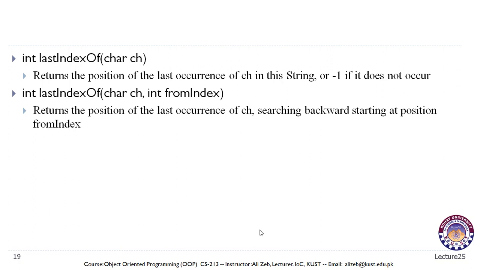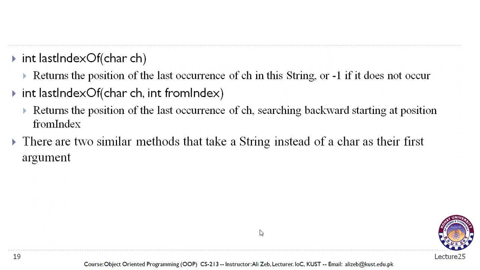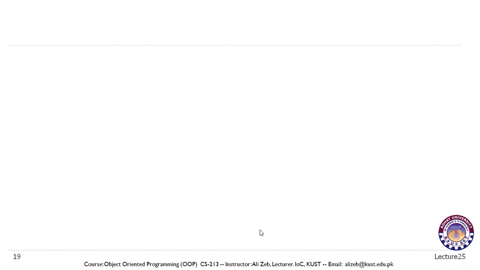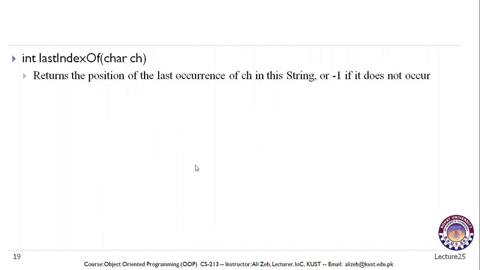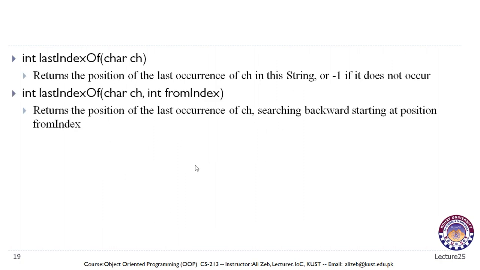It returns the position of the last occurrence of the character, searching backward starting at the position fromIndex. And there are two similar methods that take a string instead of a character as their first argument, as we saw in this example, that we can pass a string as well instead of the character to find the position of that string.